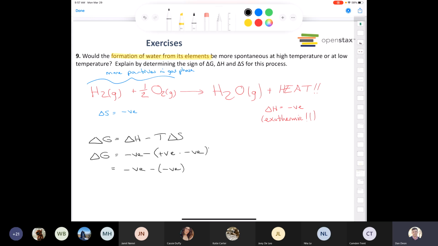So it's like you're adding this term to it. So what does that mean? If you want delta G to be spontaneous, more spontaneous is a more negative delta G, right? Is this reaction going to be more negative, more spontaneous at a high temperature or a low temperature?